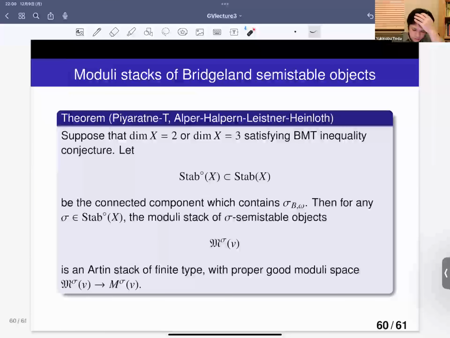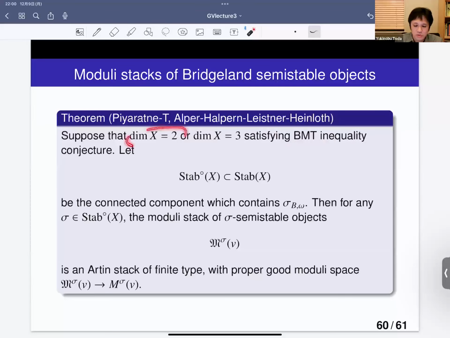Anyway, the conclusion of this lecture is that we also have the moduli space of semistable objects in the derived category, using the notion of Bridgeland stability conditions and also this BMT inequality conjecture.